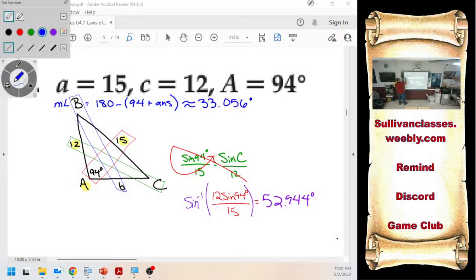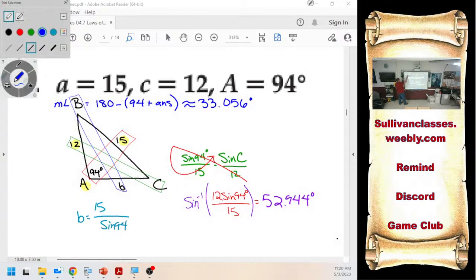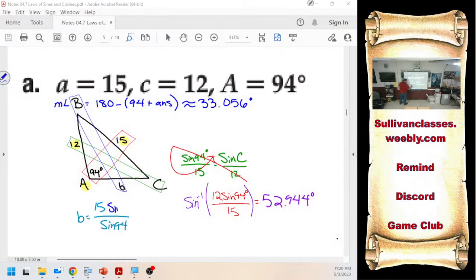Now we can use the cheater and say B is control pair, 15 sine of 94. But because that angle is now in the memory of my calculator, I'm going to say sine of answer. Because then it's going to dump it in for me.